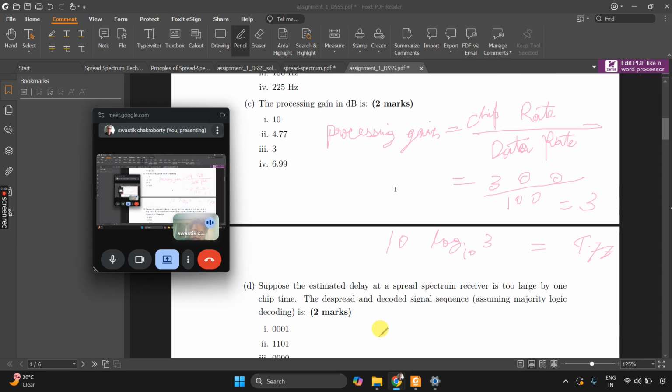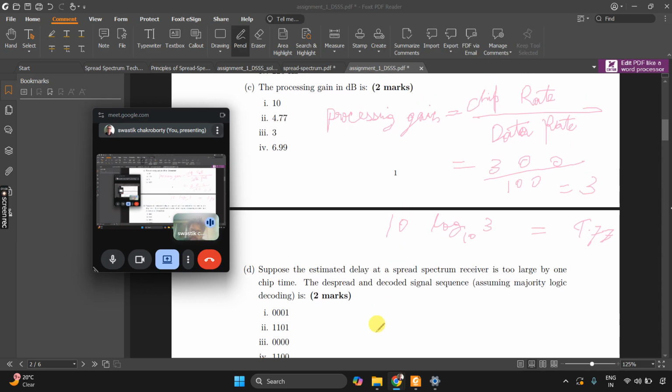So the despreaded and decoded signal sequence will be: we have a delay, and the delay is one chip time.